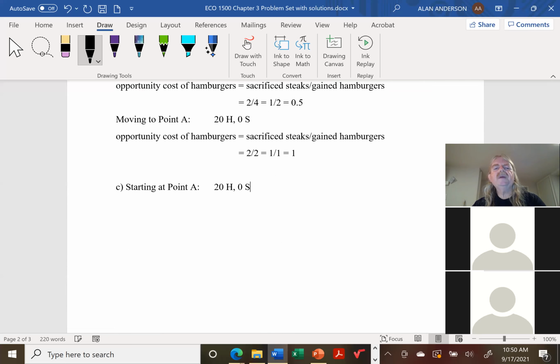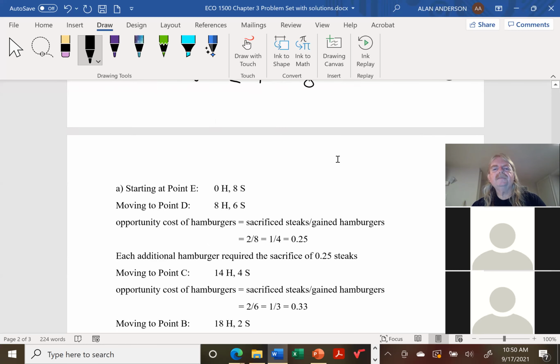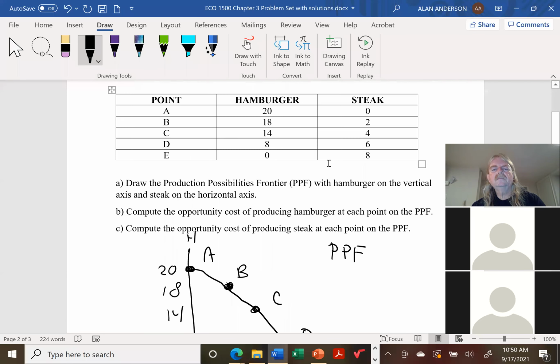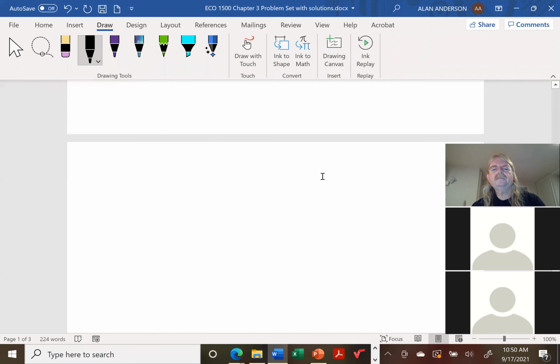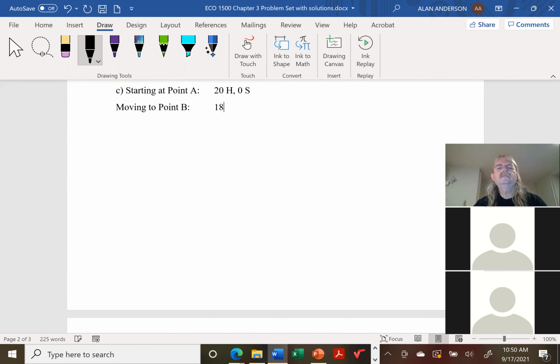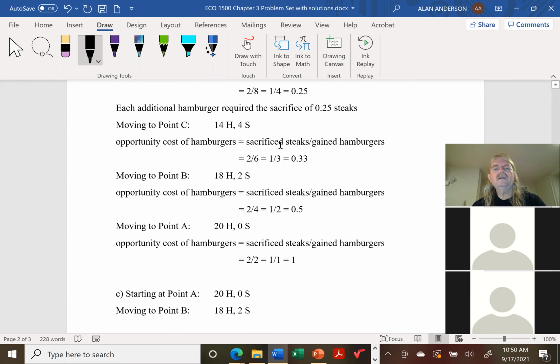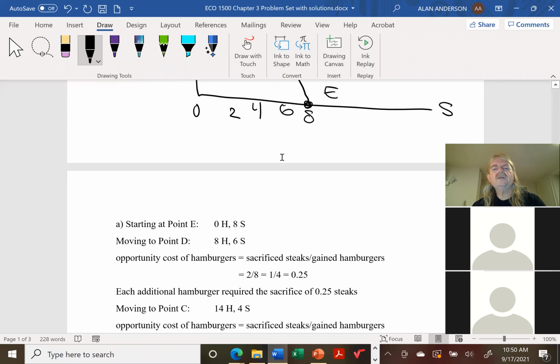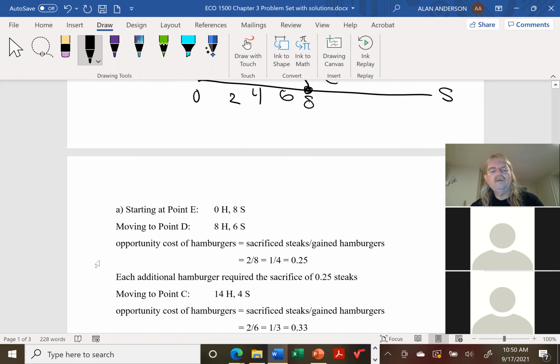And then when we move to B, remember, was 18 and 2. So now here's the important detail. This opportunity cost will actually be the inverse of what we had here.